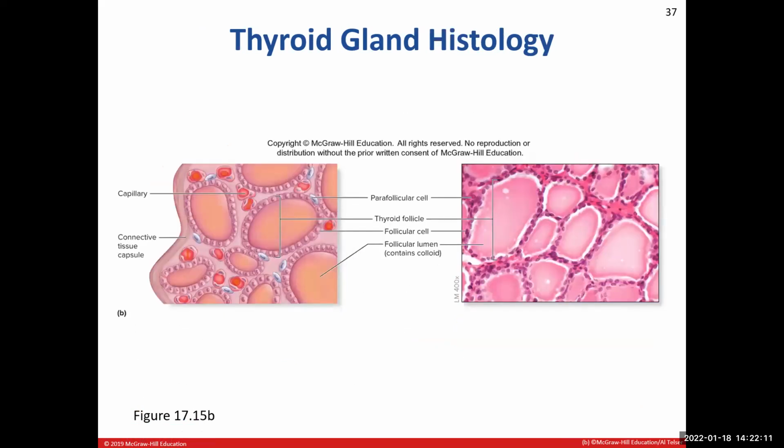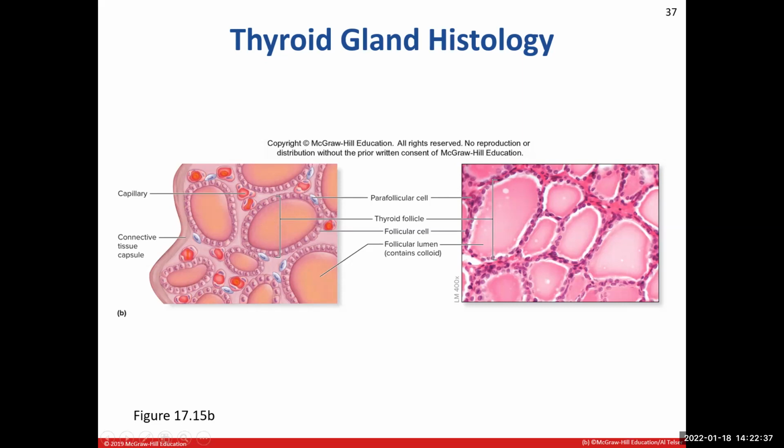And then when we look closer on a histological level here, you're seeing your follicular cells all over the place. And in the center here, you're going to have our follicle that's going to be filled with that colloid. And that's what's going to make our thyroid hormone.